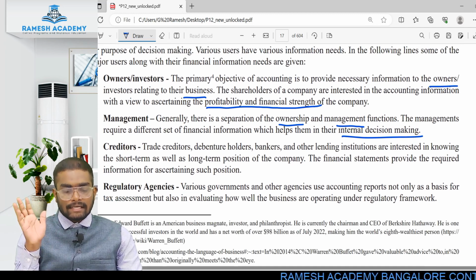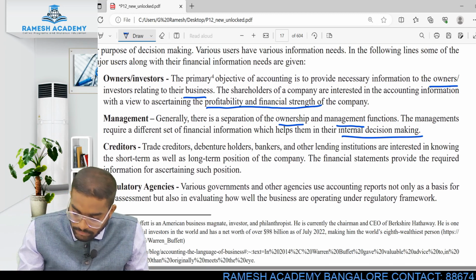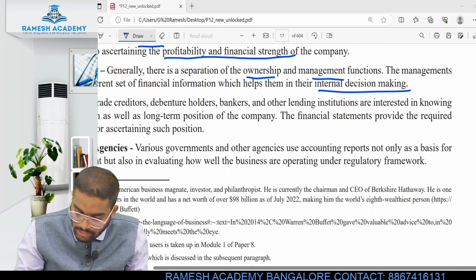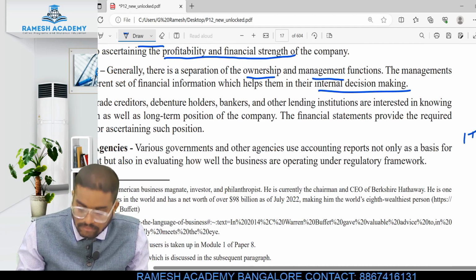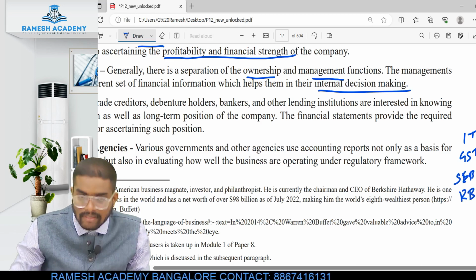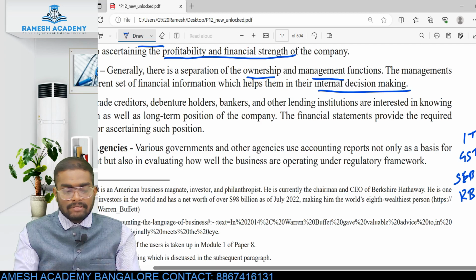Next, the regulatory authorities. In India, we have regulatory authorities like the income tax. We have income tax, we have GST, we have SEBI, we have RBI. These are the four major agencies in India who will be looking after every business.